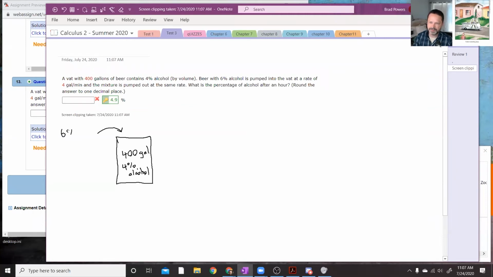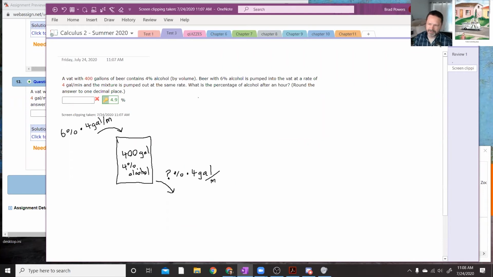So we got 6% times 4 gallons per minute. And the mixture is pumped out at the same rate, some questionable percent is coming out at the same rate, 4 gallons per minute. What is the percentage of alcohol after an hour?